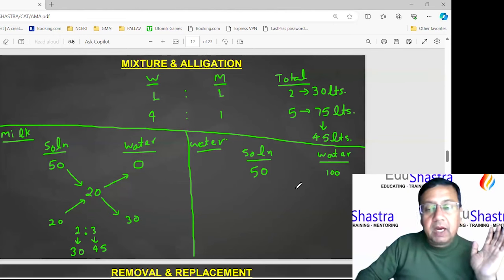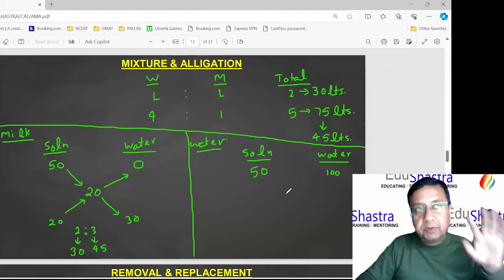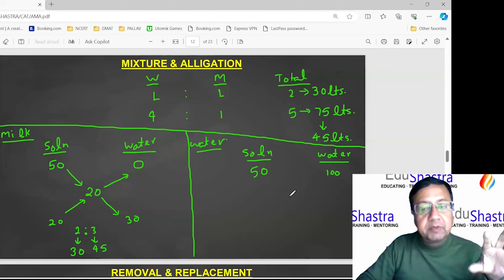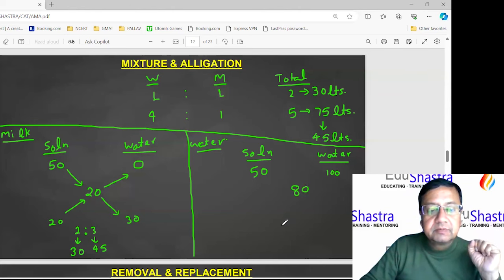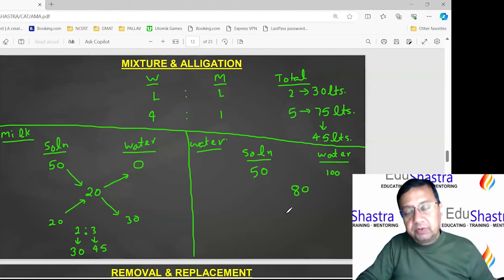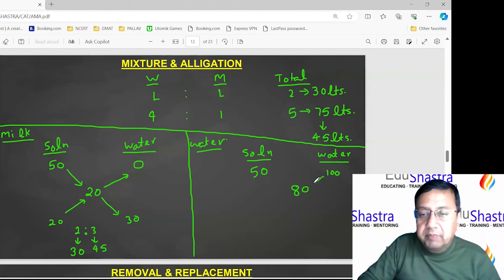After the mixing, if the solution is becoming a 20% milk solution, I can say this will become an 80% water solution. Right. Now what to do? From the bigger number, subtract the average. So 100 minus 80, 20.